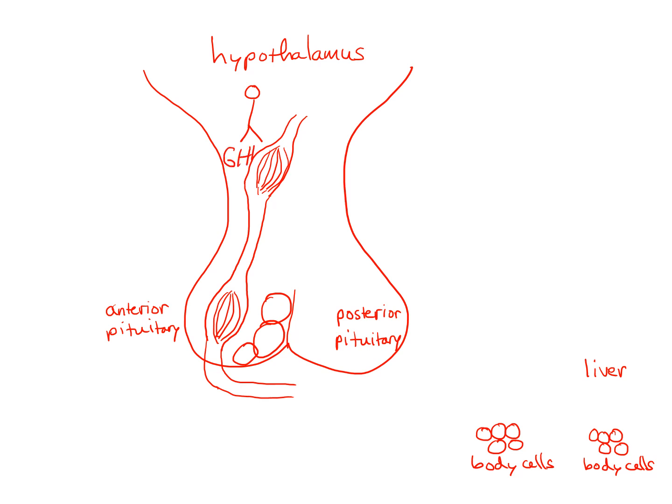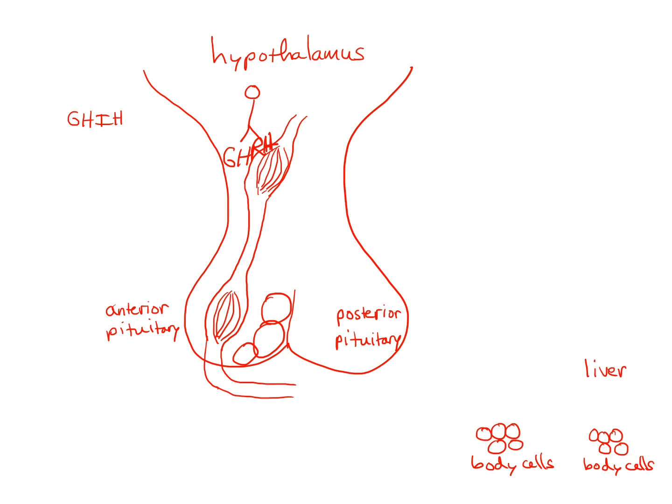So we're going to have our neurons secrete growth hormone releasing hormone into the portal system. And then the other hypothalamic hormone is growth hormone inhibiting hormone, or GHIH. And then that would tell the anterior pituitary to not release growth hormone.